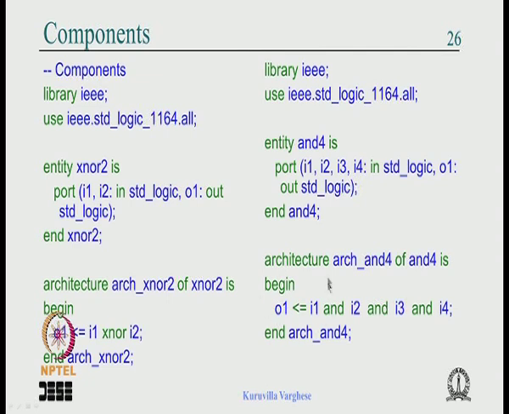In the architecture statement region we have O1 gets I1 and I2 and I3 and I4. So it's as simple as it is. If you write this and compile it, this will be the same as the behavioral code or the data flow model and so on.